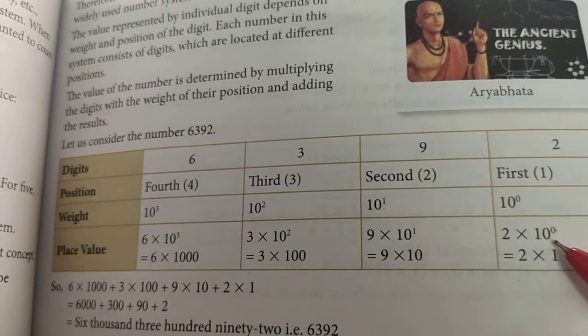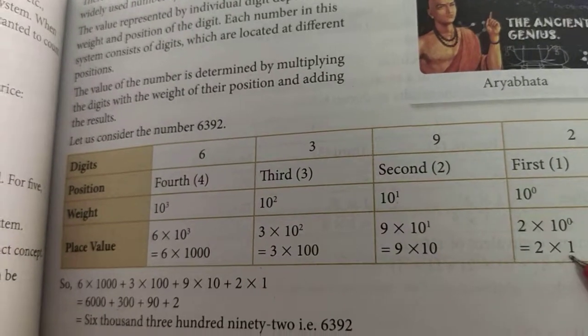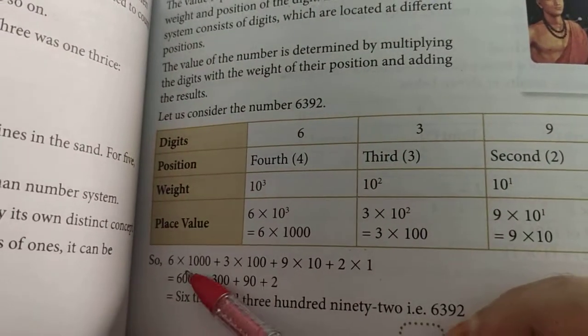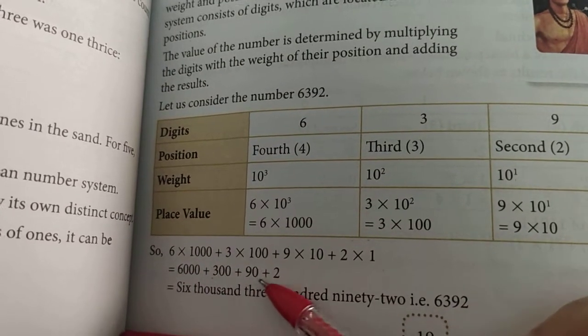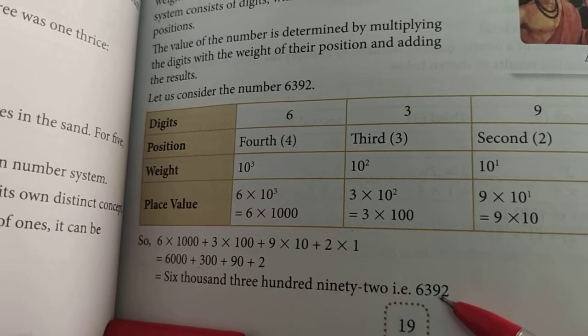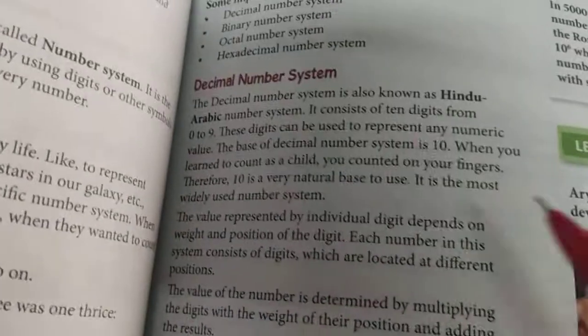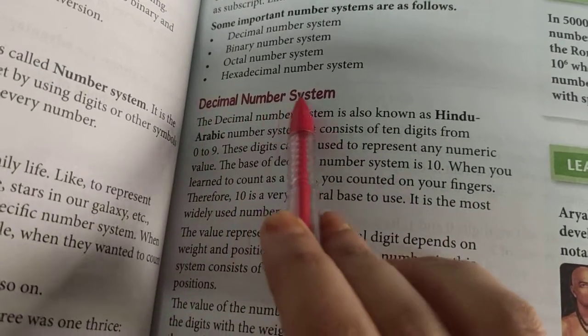So here, when the power is 0, the value comes 1. In this way we can easily calculate. So this is the value we get after calculating in this form, which is known as the decimal number system.